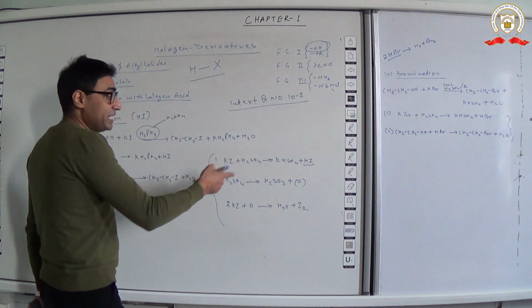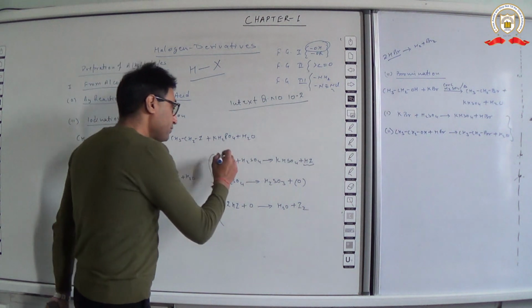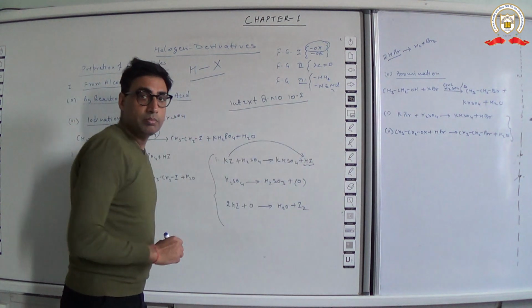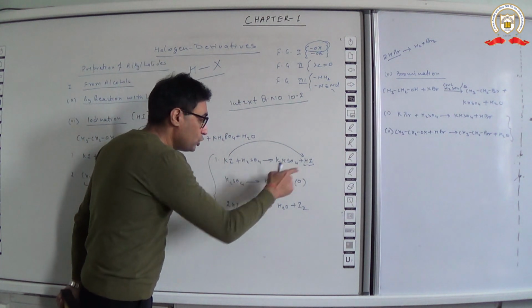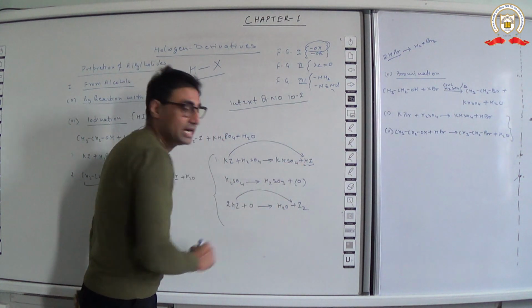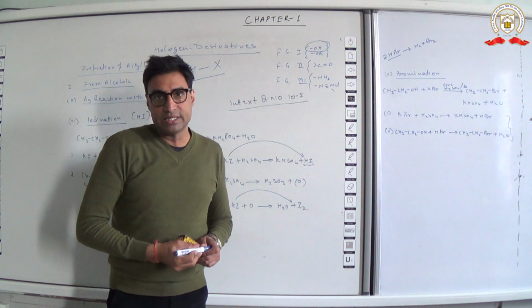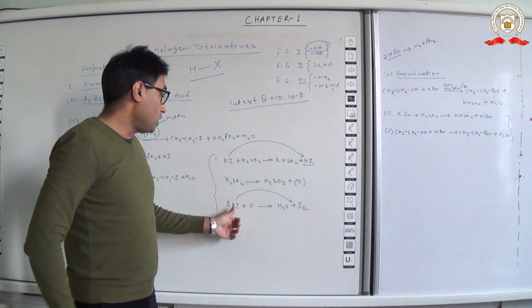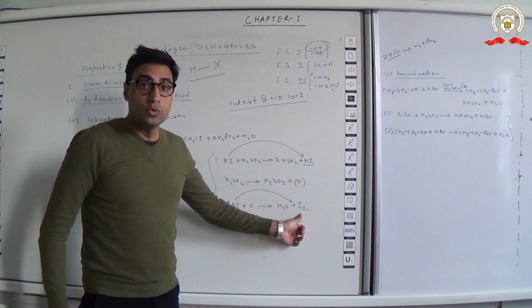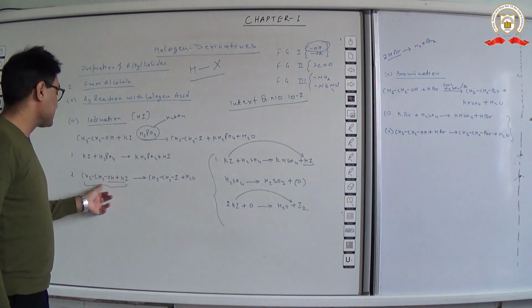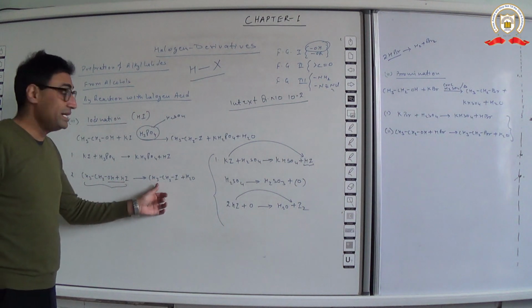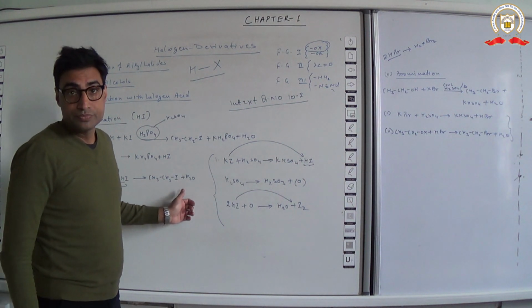That means had it been H2SO4, initially it would have formed HI, but then it would have decomposed this HI to I2, because H2SO4 as such is a good oxidizing agent. And since all HI would have undergone decomposition to I2, there would have been no HI to react in the second step. So alkyl iodide would not have formed.